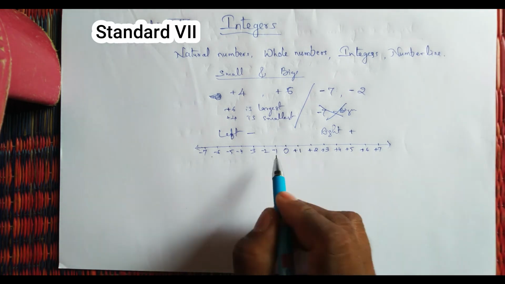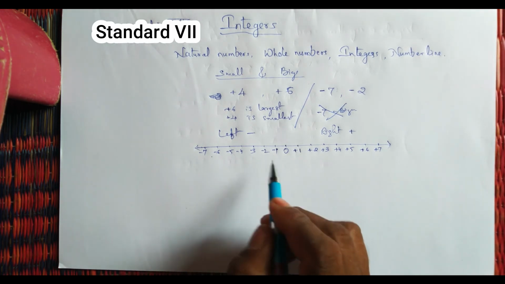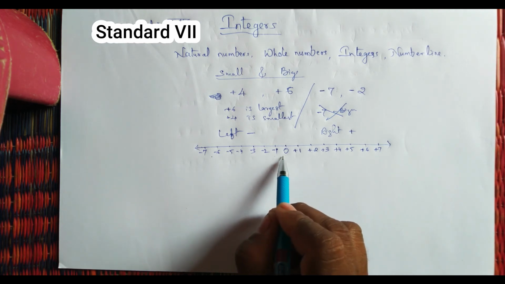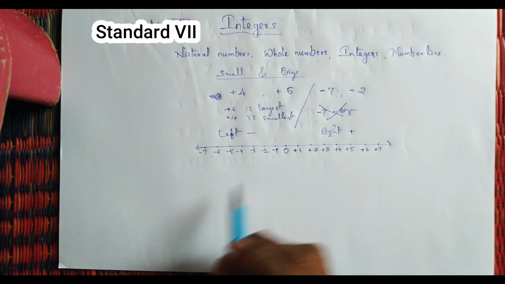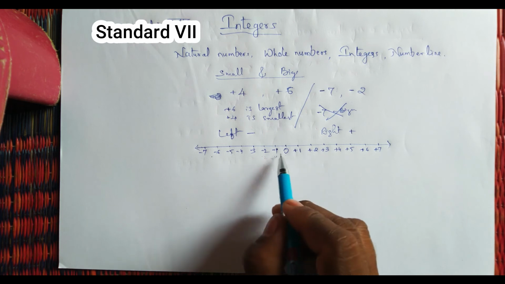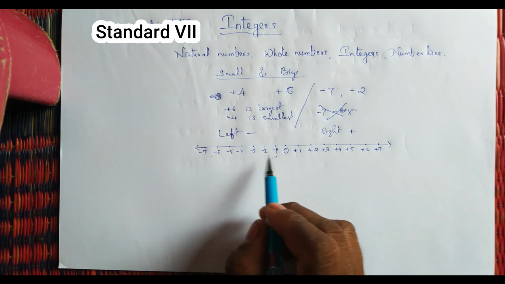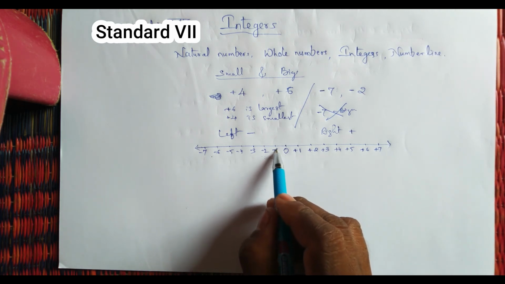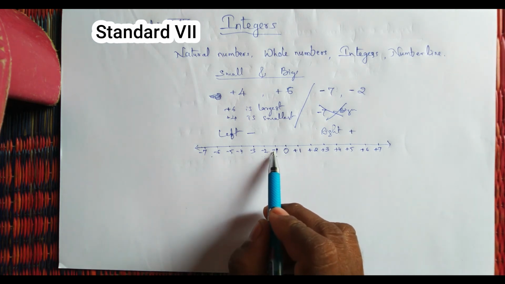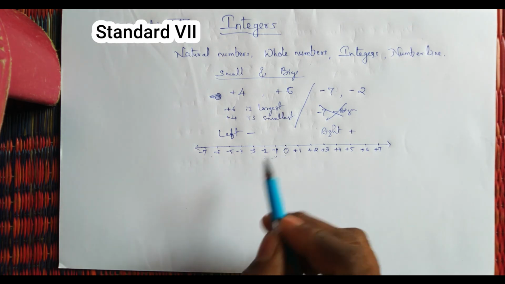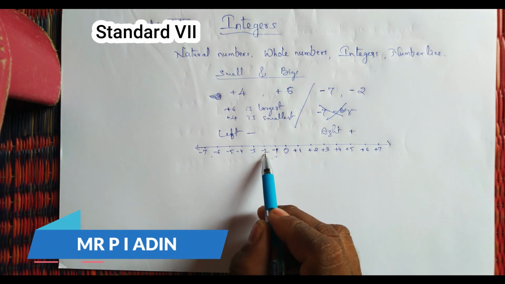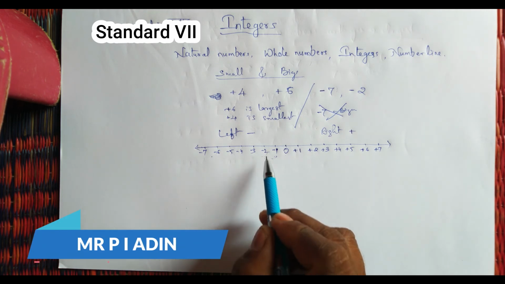See, if I ask between 0 and minus 1, which is the bigger? The 0 is bigger. In minus 1 and minus 2, which one is the bigger? Yes, minus 1 is bigger. See, here 1 is there, here 2 is there. When the number is going in ascending order, when the number is bigger, the value of that number is decreasing.